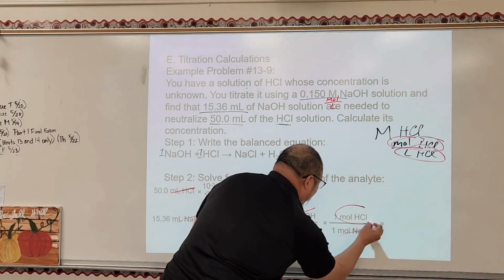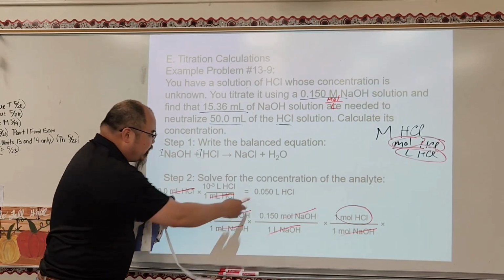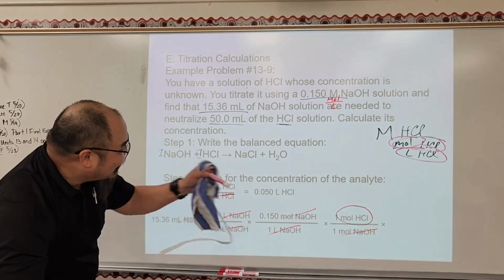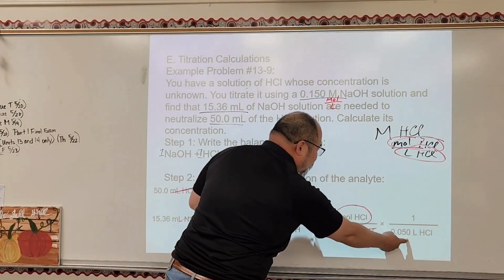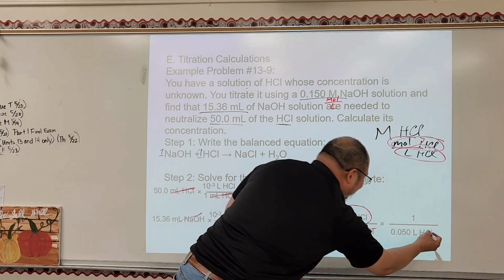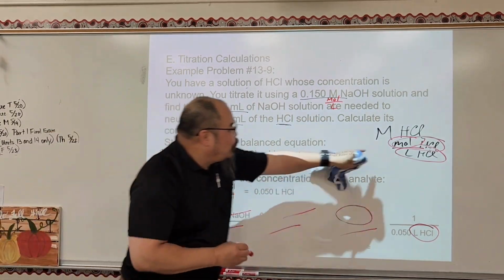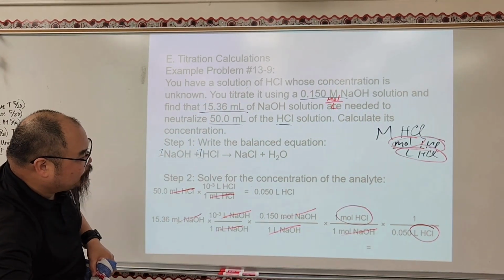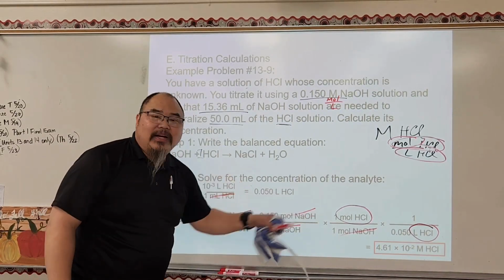We're going to keep it. Then our liters, oh yeah, remember that little thing that we did earlier? We're going to put that on the bottom, not the top, because again, we want moles over liters, liters being on the bottom. This does not cancel out, but it's okay. It's what we're looking for, moles over liters.